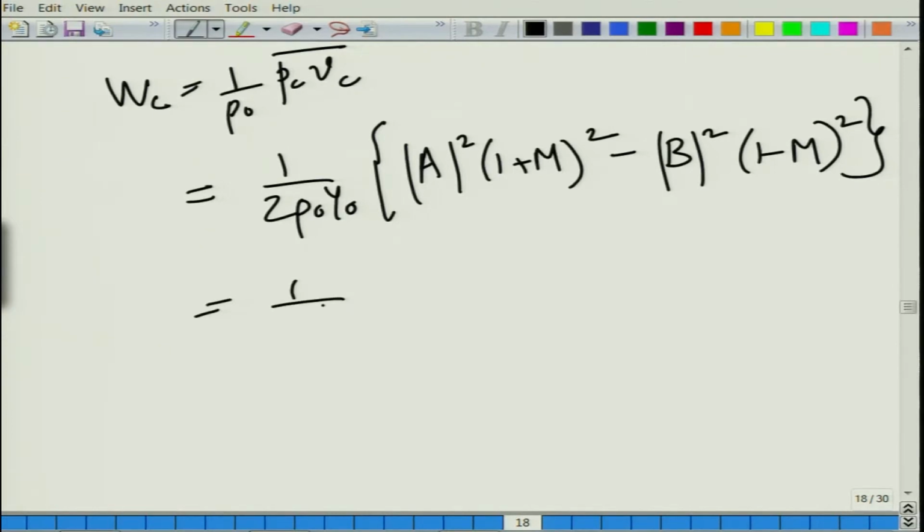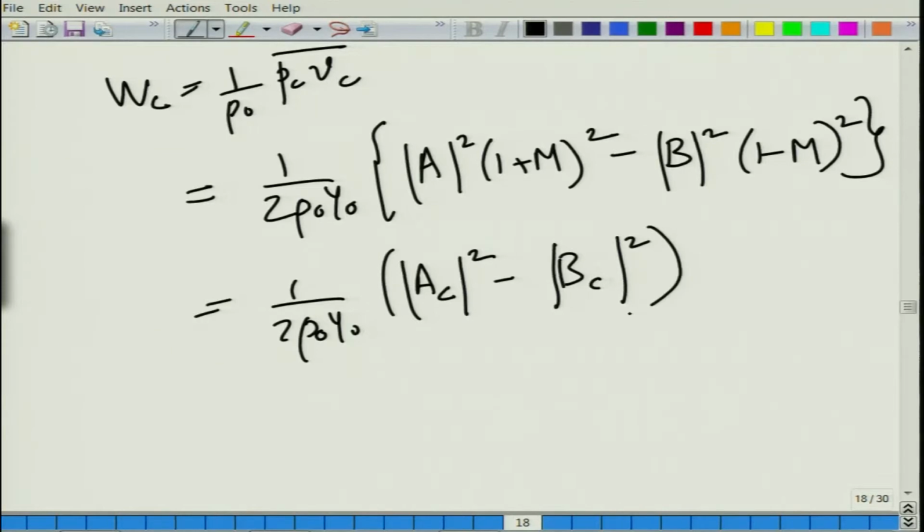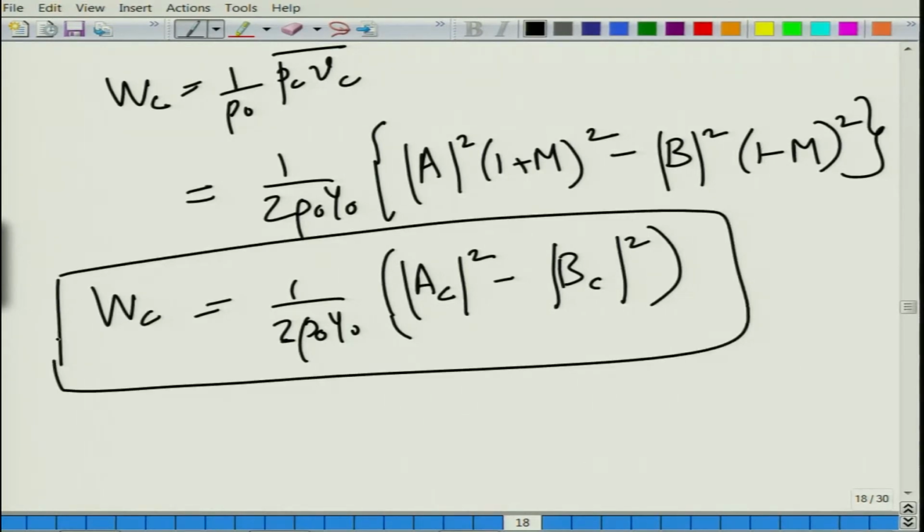So, here we have 2 rho naught y naught and AC square minus BC square like this. So, we have this kind of a thing. What do we do for this? We have your Wc given in terms of the convective state variables.